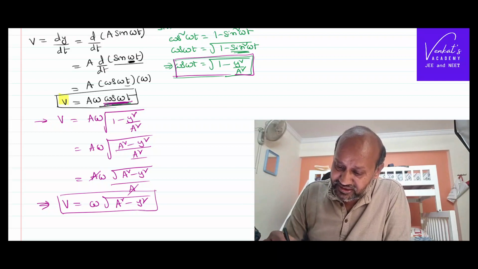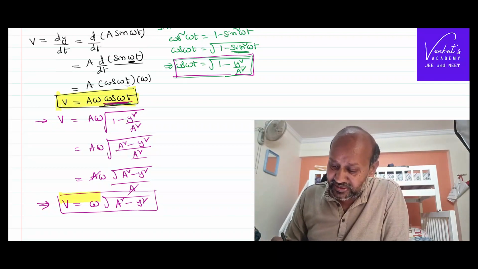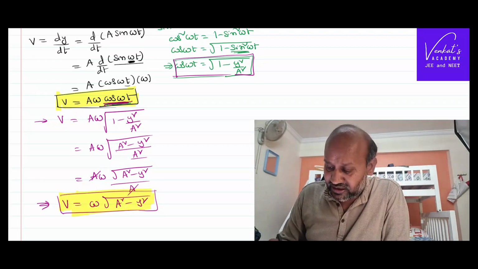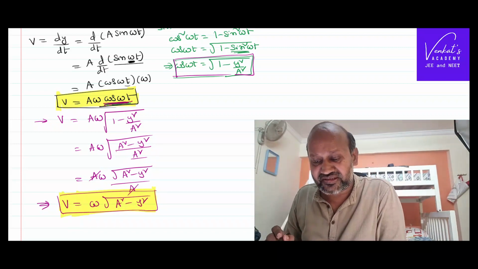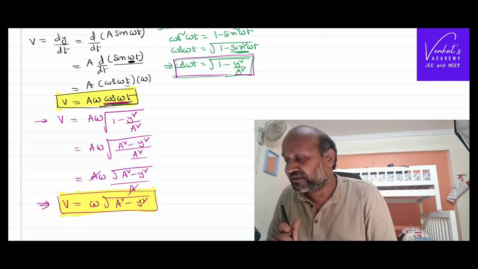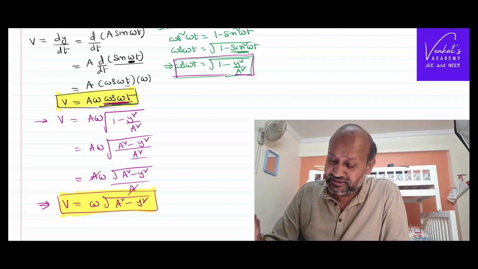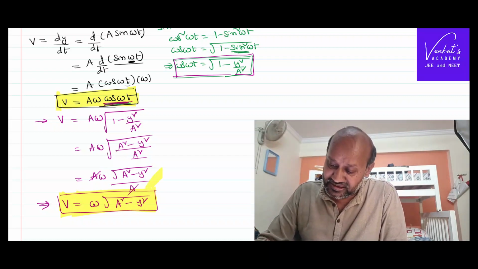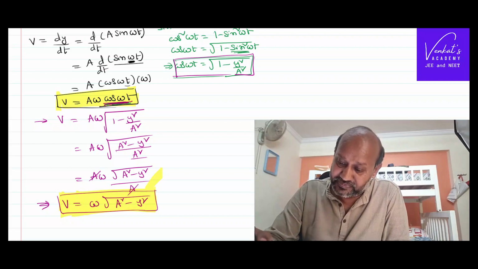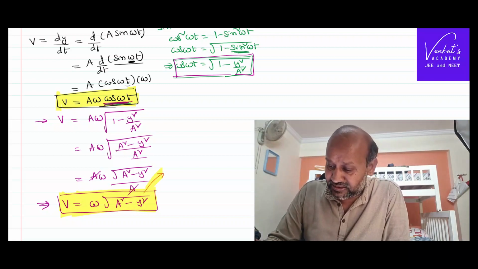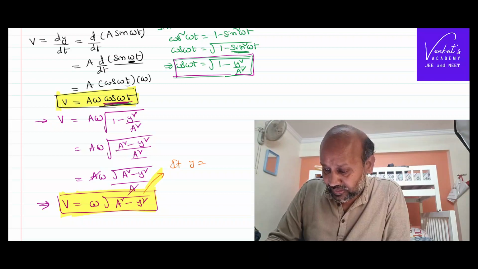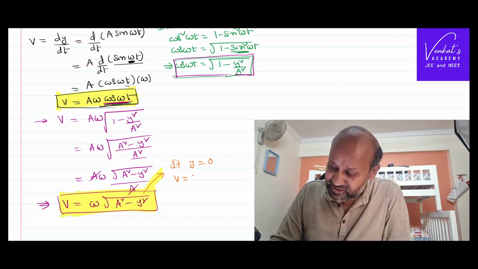So you can notice there are two formats of velocity, two equations for velocity: either a omega cos omega t or omega root of a square minus y square. We can use any one of these equations, depending on our requirement. Now, from here, I can further write a few things. If y is 0, v becomes omega root of a square minus 0 square, that is omega a.